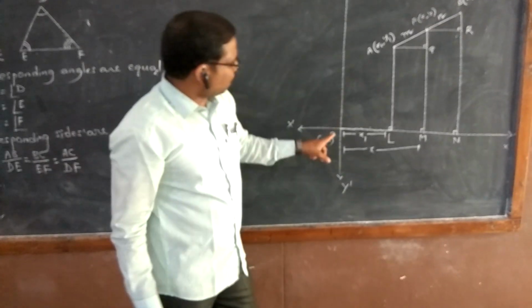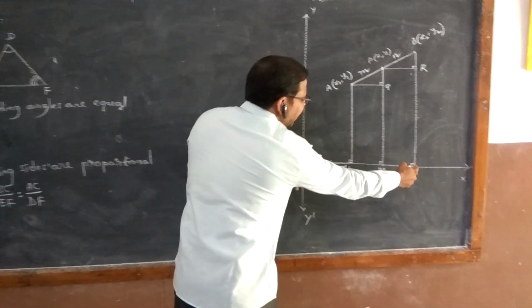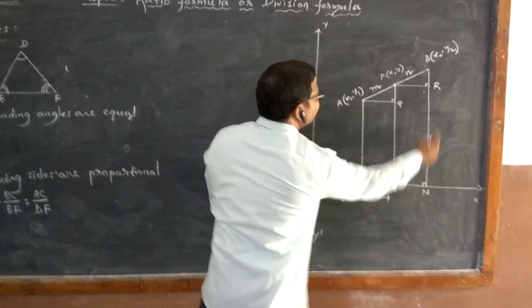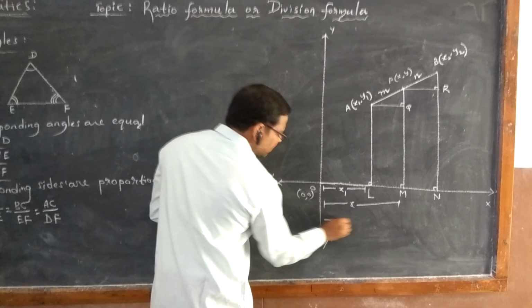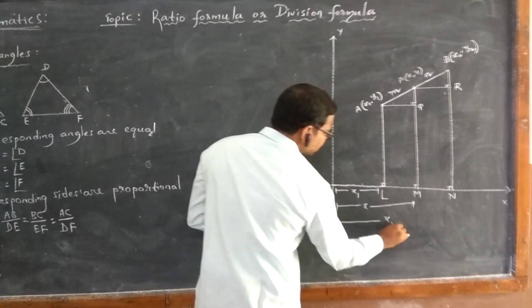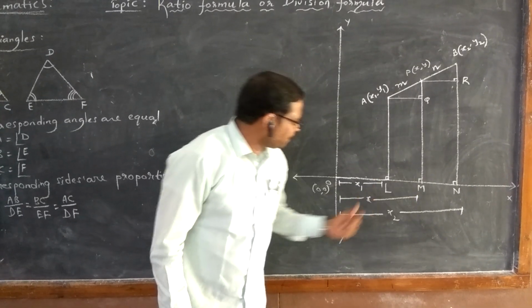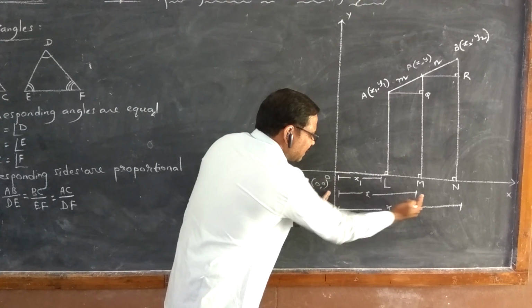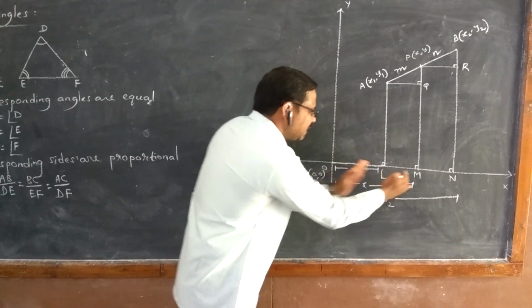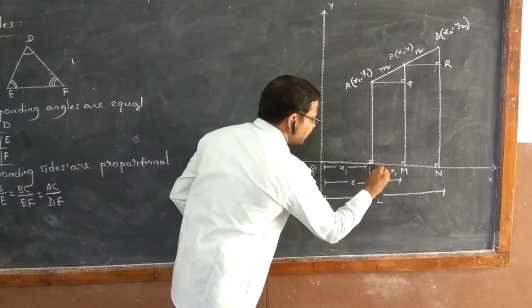What about ON? From O to N, that is x2, the x coordinate of B. Now can you say about LM? Total x and this is x1, so this will be x minus x1.